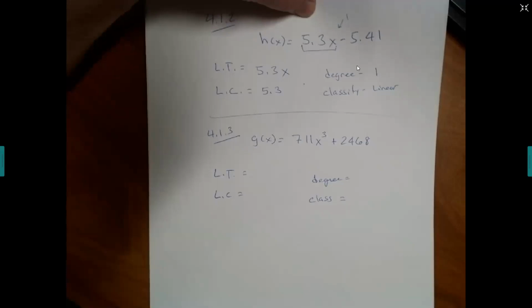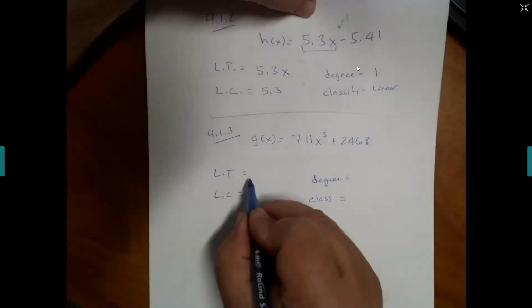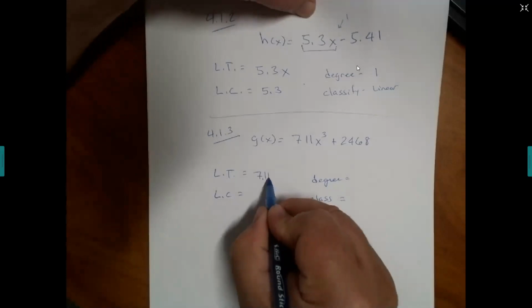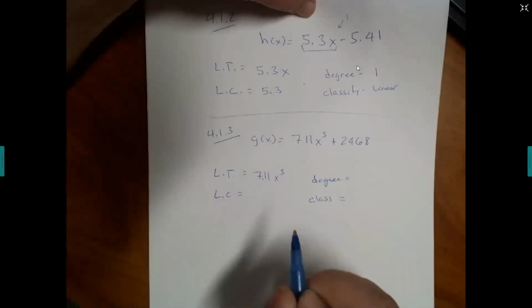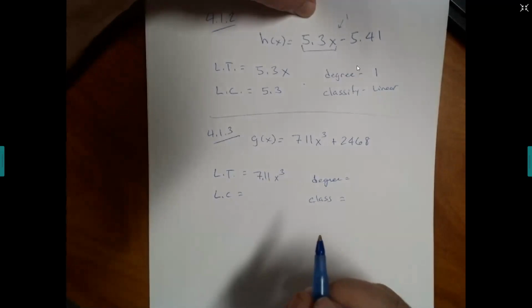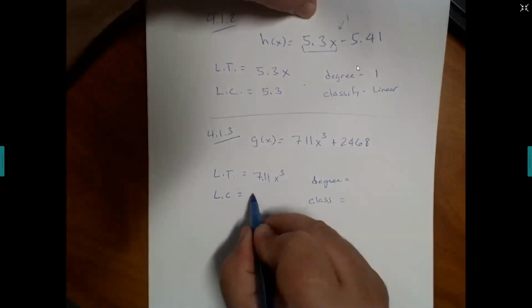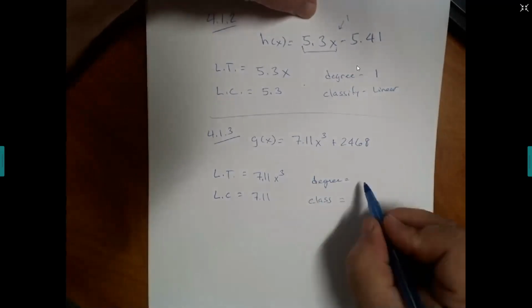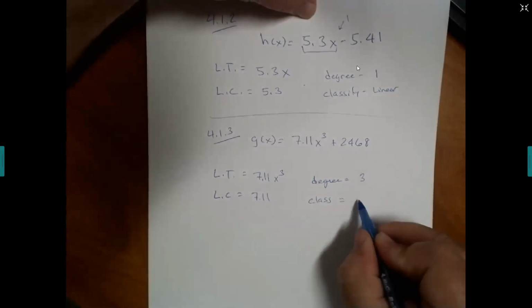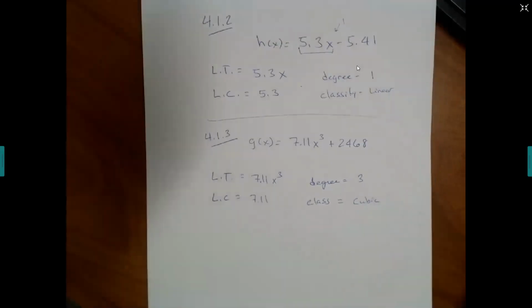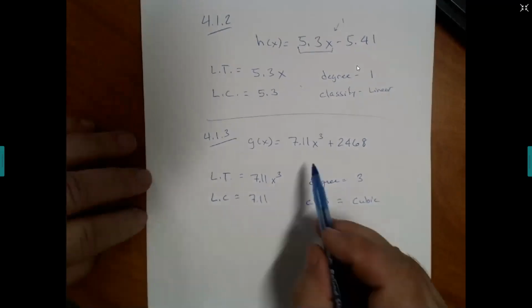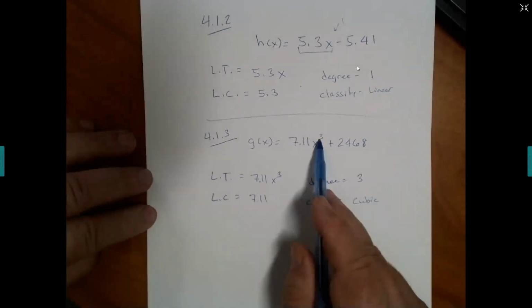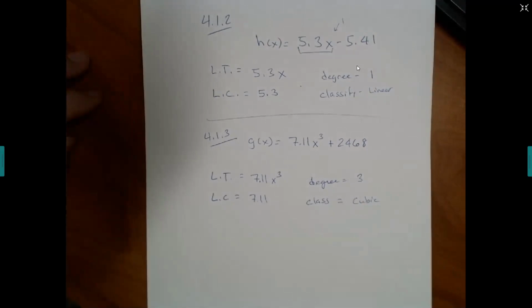All right. LT is 7.11 x to the third, or x cubed. Mm-hmm. LC is 7.11. Degree is 3, and the class is trinomial. Trinomial or cubic? No, it's not a trinomial, because it doesn't have 3 terms. It's a cubic because it has degree 3. Okay.